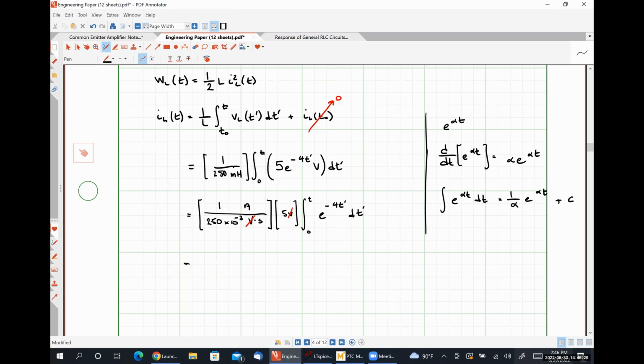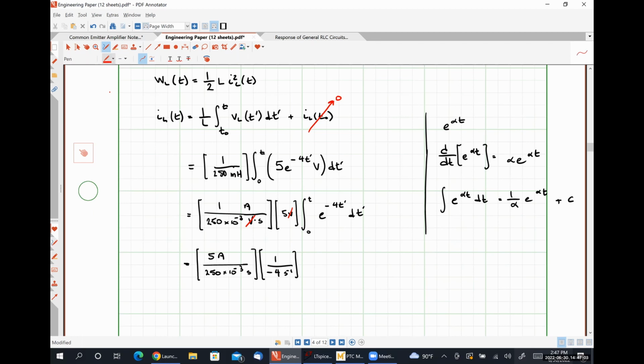Okay. So in this case, my alpha quantity is -4 per second. So when I perform this integration, I'm going to have 5 amps over 250 times 10 to the minus 3 seconds. I pull out my 1 over alpha factor. So that's going to be 1 over -4 per second.